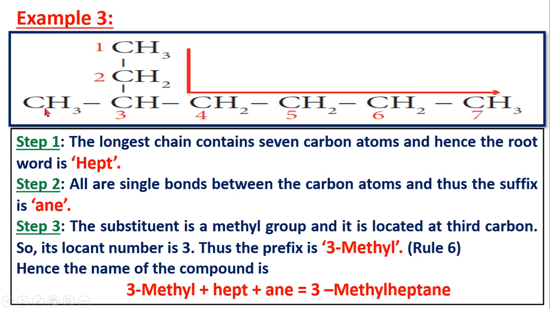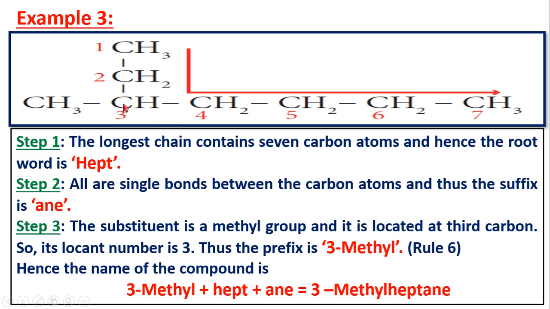The substituent is a methyl group. So it is 3-methyl heptane. So step 1, the longest chain contains 7 carbon atoms and hence the root word is hept. All are single bonds between the carbon atoms and the suffix is ane.